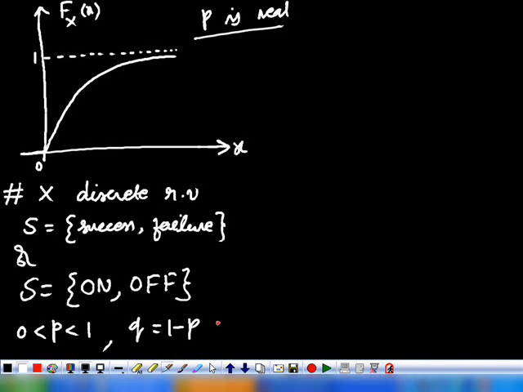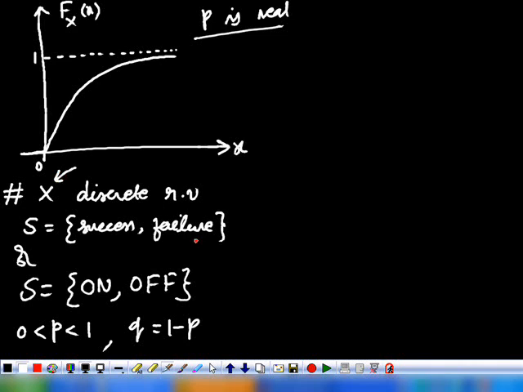So we encounter the discrete random variable in such sample spaces. Here the sample space is discrete, so definitely the random variable defined on the sample space is also a discrete random variable.